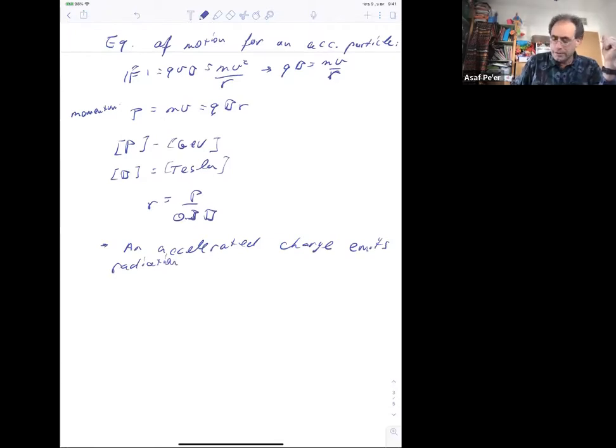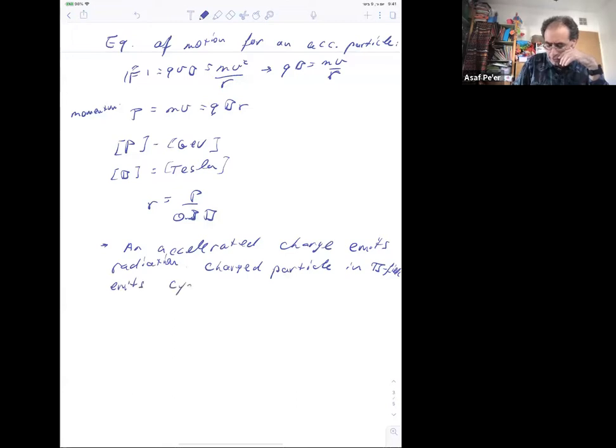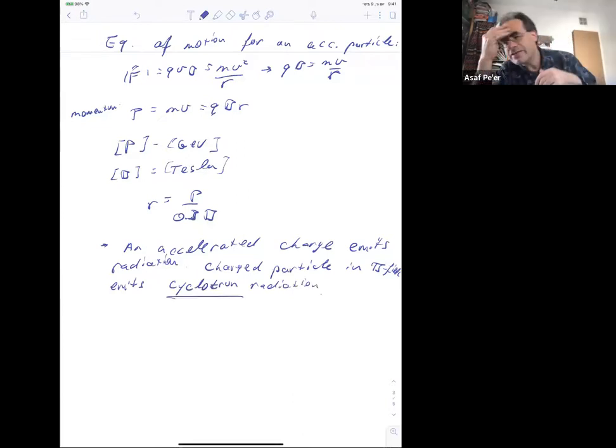A charged particle in a magnetic field emits what's called cyclotron radiation. Who of you have seen cyclotron radiation?